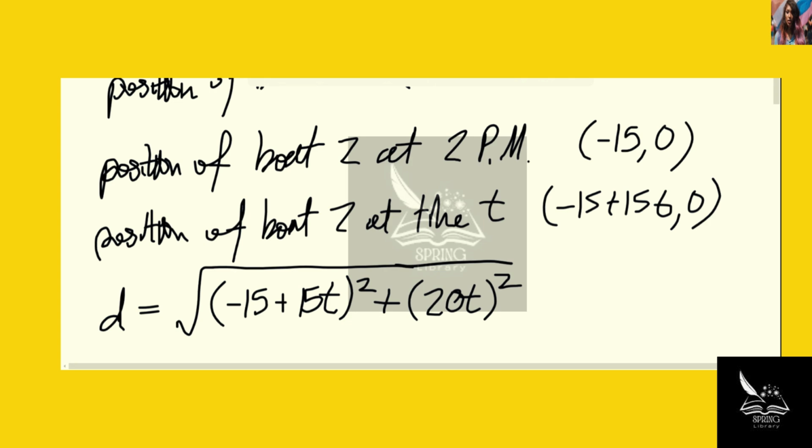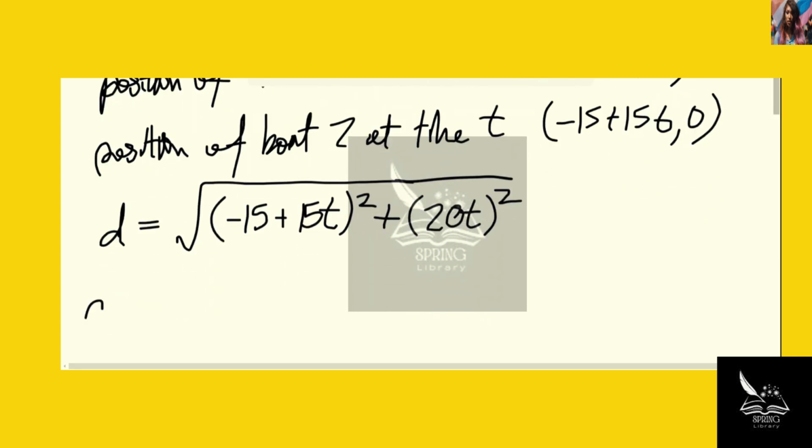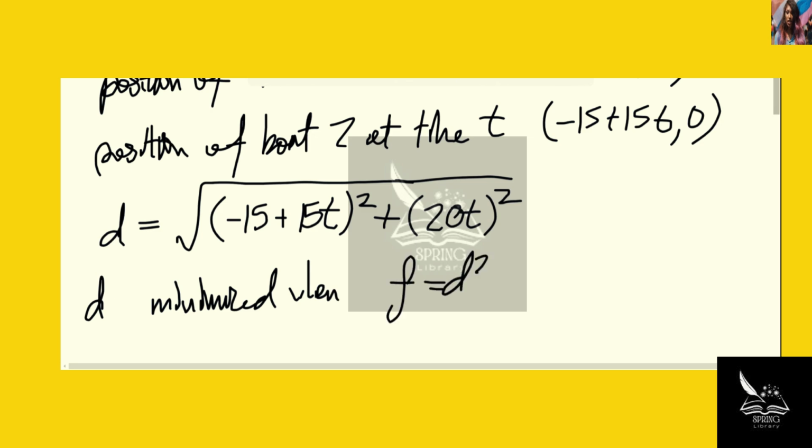And this simplifies to, well, this sort of is a tricky question because, in fact, our function d is minimized when the function f, which is d squared, is minimized. So we can simplify this problem.